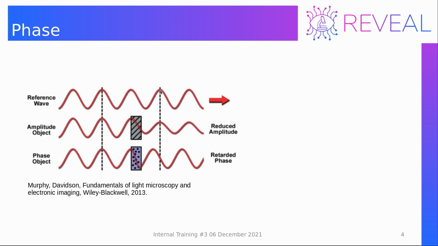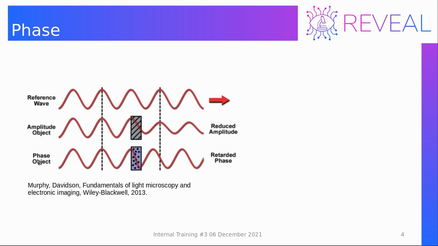The peaks are still aligned. However, you can see that the amplitude of this wave decreased, and that is because this amplitude object absorbed some energy associated with this wave, and since the energy is now lower, then the amplitude also drops.